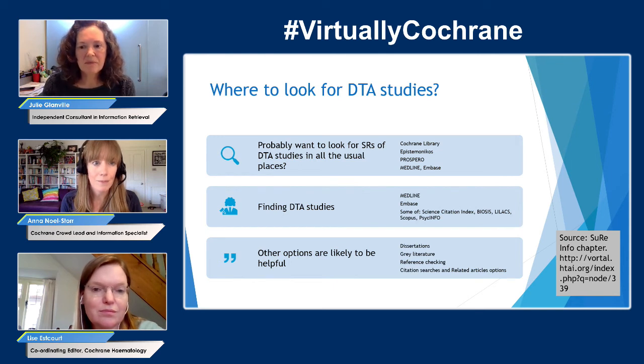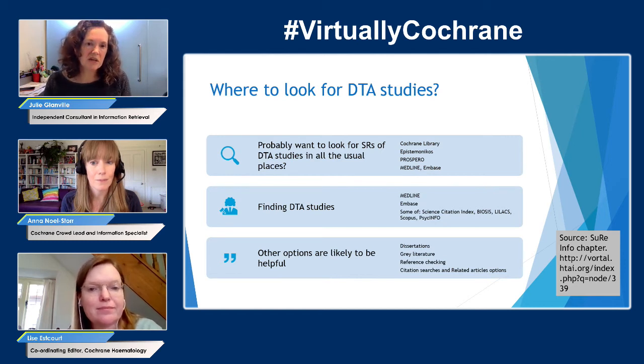There's also some research that suggests that other search approaches and options might be useful. So particularly dissertations, grey literature, reference checking, which should be standard in any review, I think, and also citation searches and the related searches options within interfaces like PubMed.